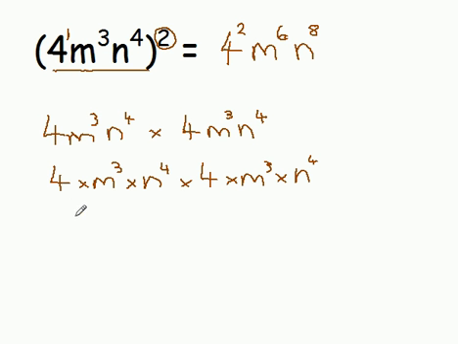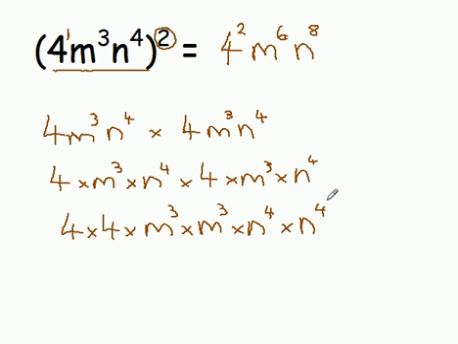And then I can rearrange this to become 4 times 4, there's my 4 squared, times m cubed times m cubed, there's my m to the 6. And n to the power of 4 times n to the power of 4, and there's my n to the power of 8.